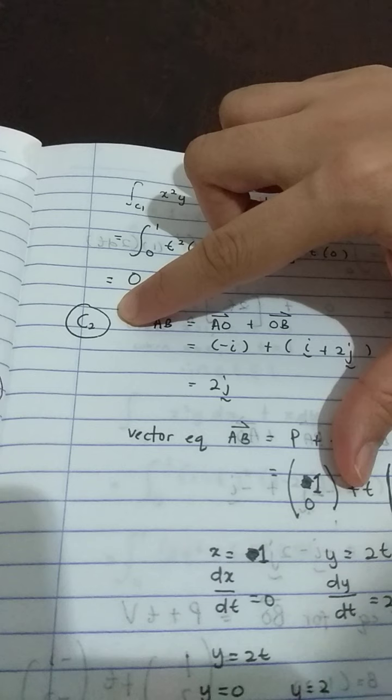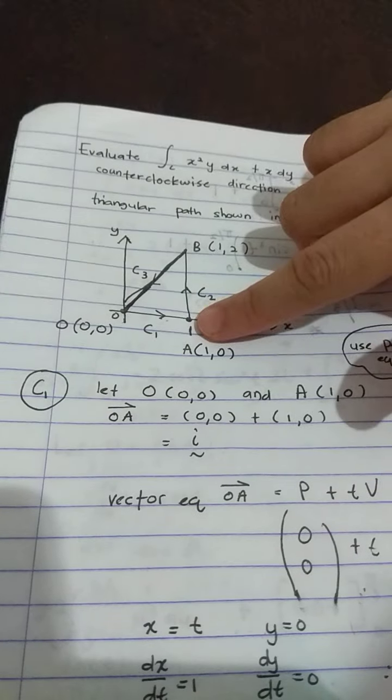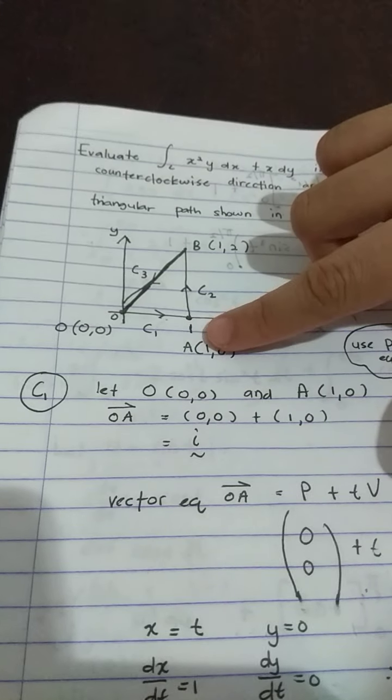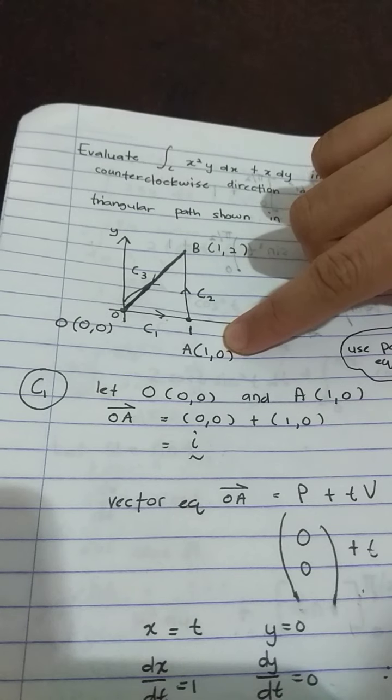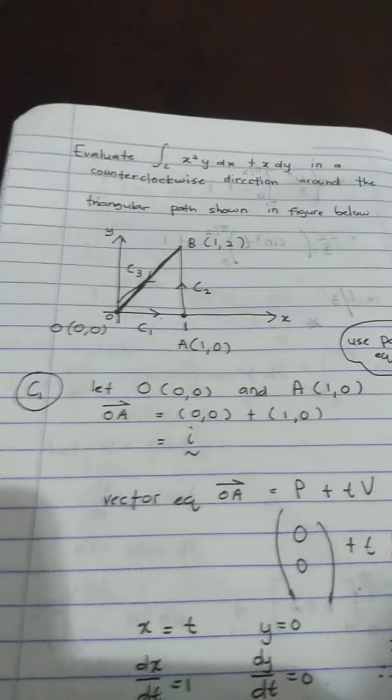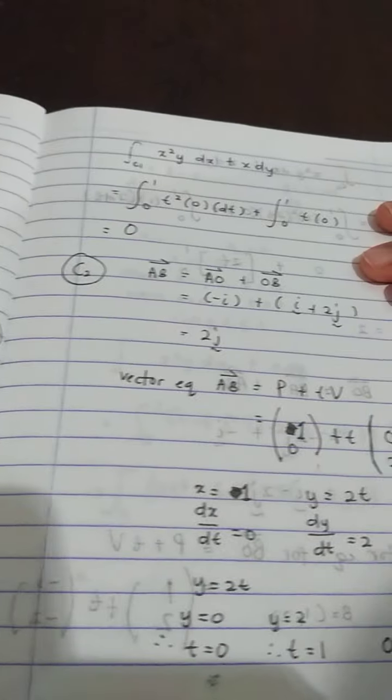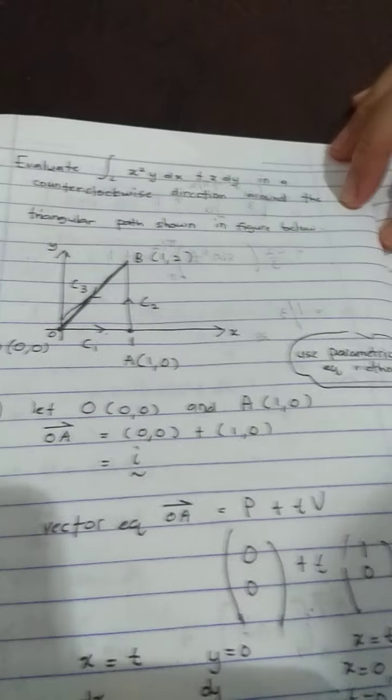Now we solve for C2. C2 is from A to B. The coordinate for A is (1, 0). The vector AB equals the vector AO plus the vector OB. The vector AO is negative i, since OA is i.